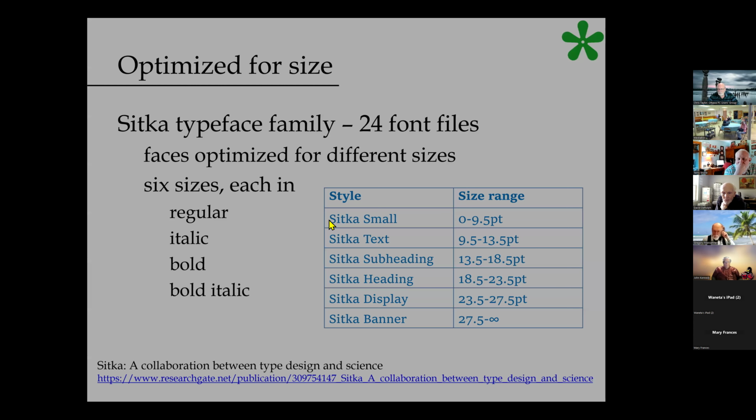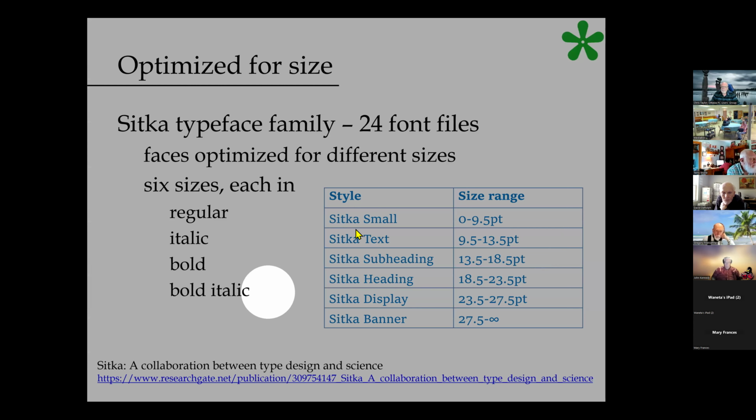If you choose to have it at 18.4, or say 20 point, you will actually get Sitka heading automatically. And it is subtly different in the glyph shapes between all of those 6 different font files. So kind of interesting. And the article URL at the bottom talks a little bit about how they went about designing it and why they did it and how they made it different and things like that.